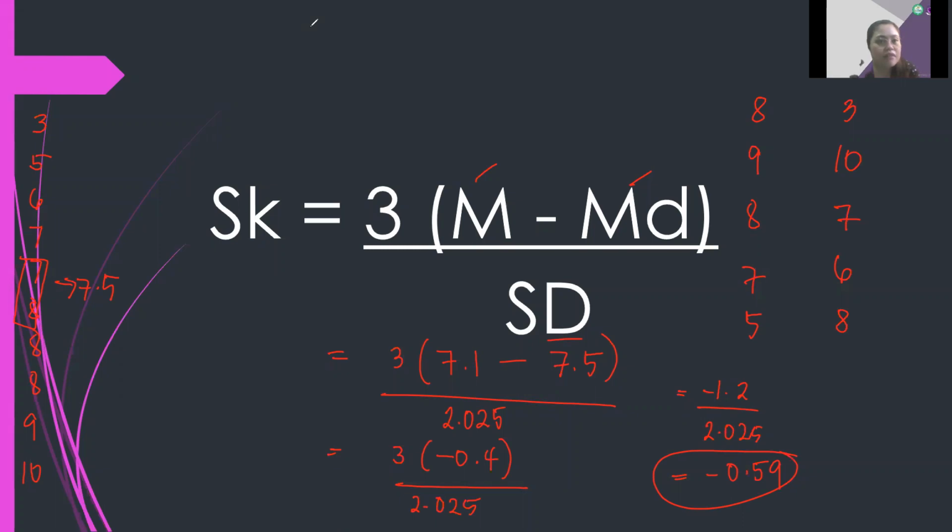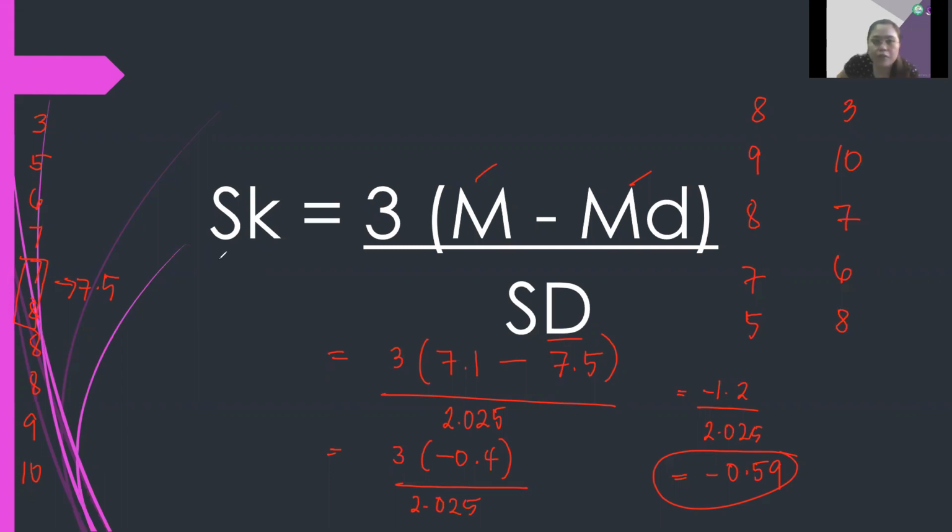Iba, ano answer? Negative 0.61. Okay lang yung negative 0.61. I think it's on the decimal, especially on the standard deviation. Like if you use 2.0248 or you rounded it off to 2.03, there will be a slight difference sa answer, but okay lang yan.